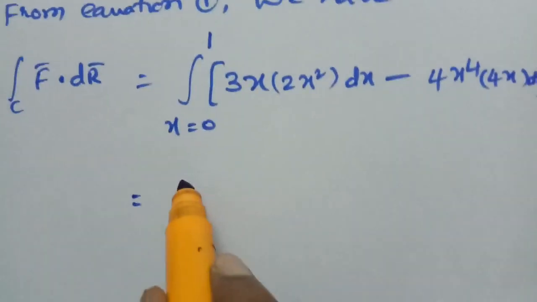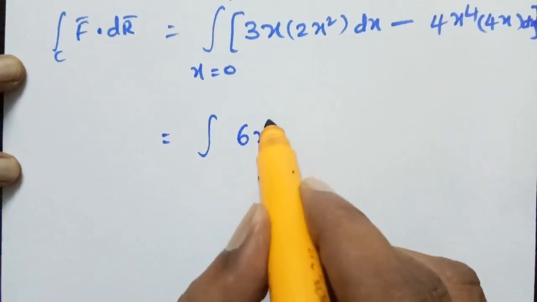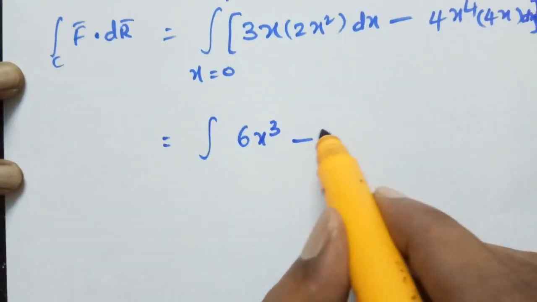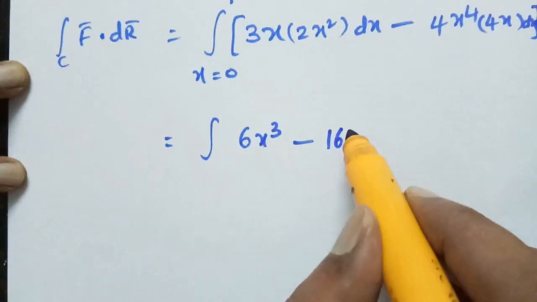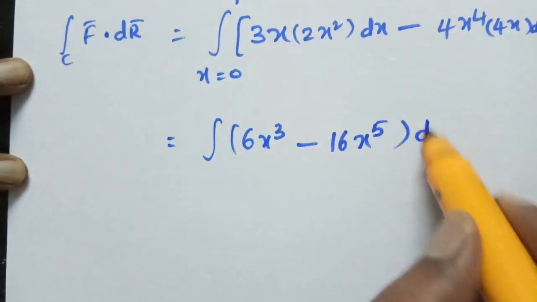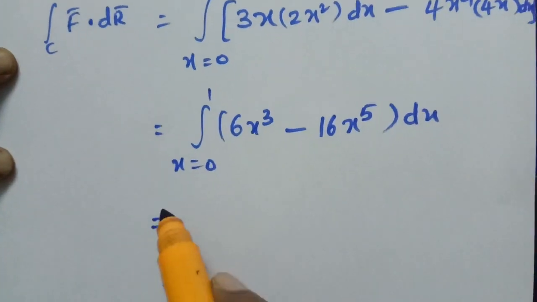Therefore, this can be written as the integral of (3 into 2, 6x cubed, minus 4 into 4, 16x to the power of 5) dx, x varies from 0 to 1.